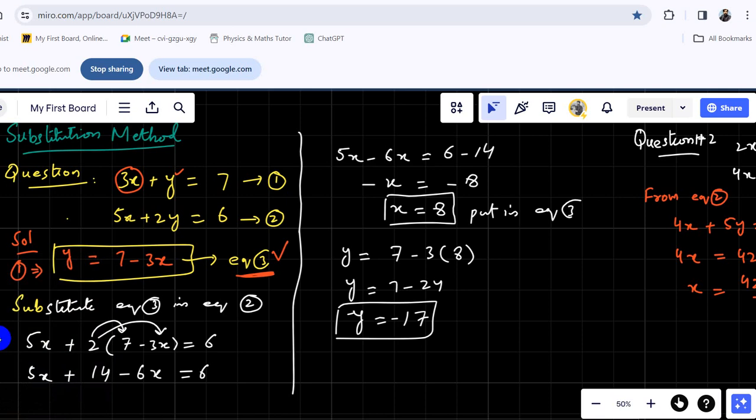Yeah, we substituted this equation 3 in equation 2. So is it mandatory to substitute this in equation 2, or is there any other requirement? Can I substitute this value in equation 1 or not?